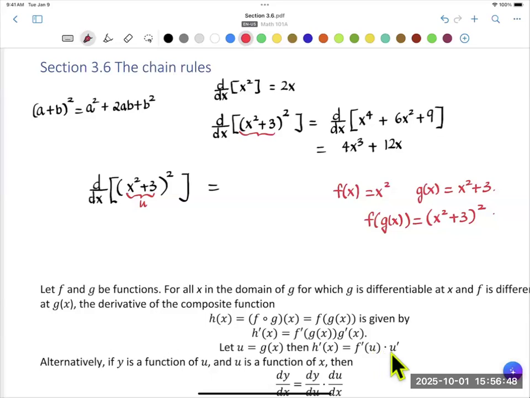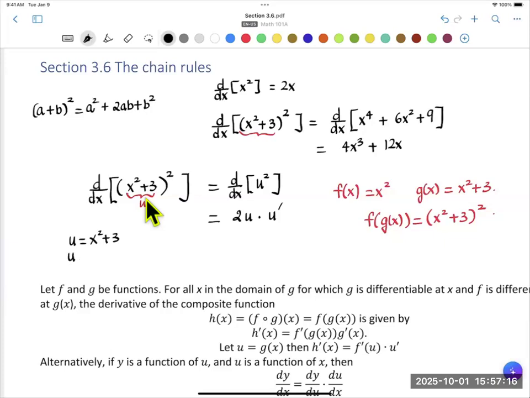So this becomes d over dx of u squared, and the derivative of u squared is 2u times u prime. And how do I find u prime? u is g of x, which is x squared plus 3.